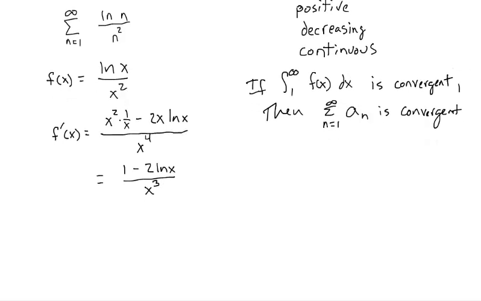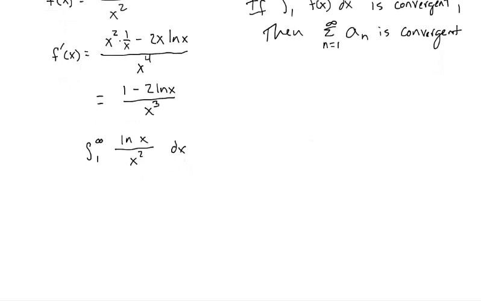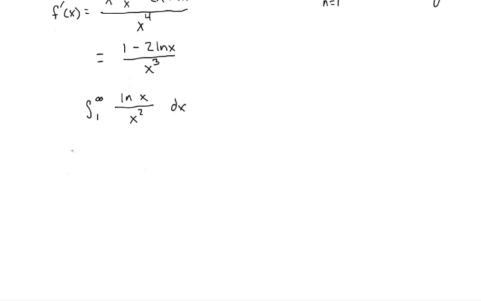So now we can start with the integral. And we have the integral from 1 to infinity of ln of x divided by x squared dx. And now we're going to treat this just like an improper integral. So we have the limit as t approaches infinity of the integral from 1 to t of ln of x over x squared dx.